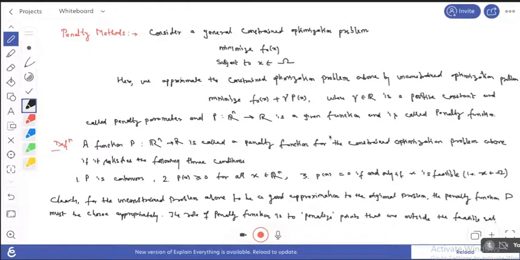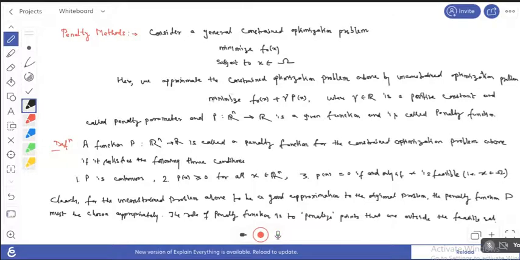So this is the simple definition of a penalty function and how we can reduce our constrained problem to an unconstrained one by using that. In the next page, we illustrate how we choose a penalty function.